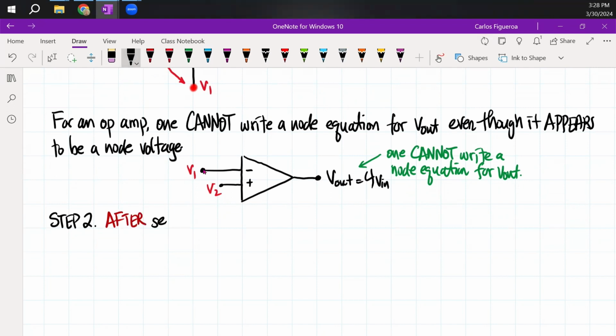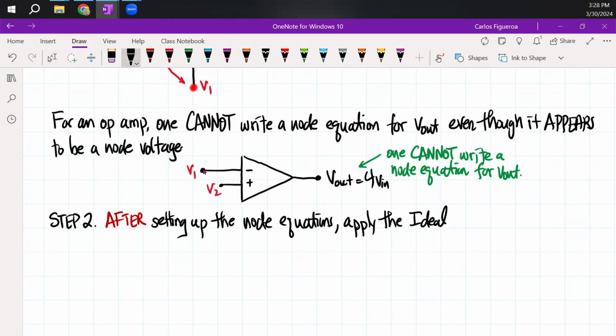After setting up the node equations, apply the ideal model conditions to the node equations.